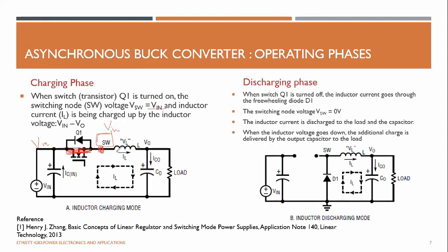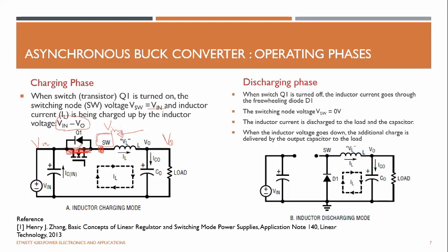And the inductor current will go through this path. At steady state, this voltage becomes the output voltage, V out, your desired level. So the inductor is charging. This voltage is V in, this voltage is V out, so the inductor voltage is V in minus V out, right?